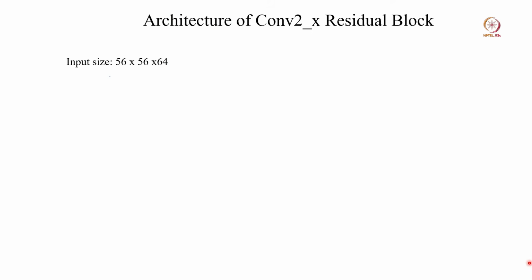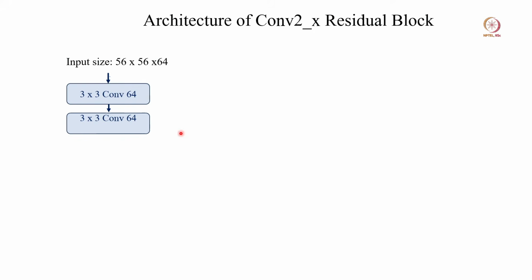We will now see what is there in the conv2_x residual block. My input size is 56 cross 56 cross 64, which is coming after the first convolution layer and max pooling layer in my ResNet34 architecture. Then it goes through 3 cross 3 convolution with 64 filters, another 3 cross 3 convolution, and another one.